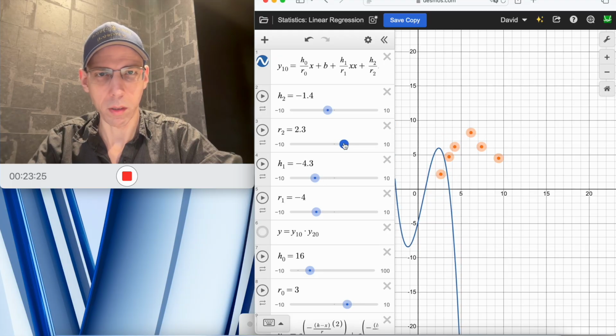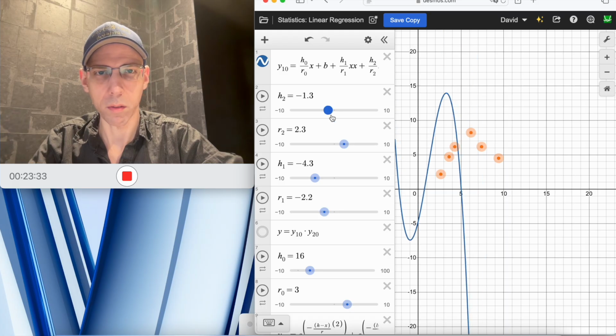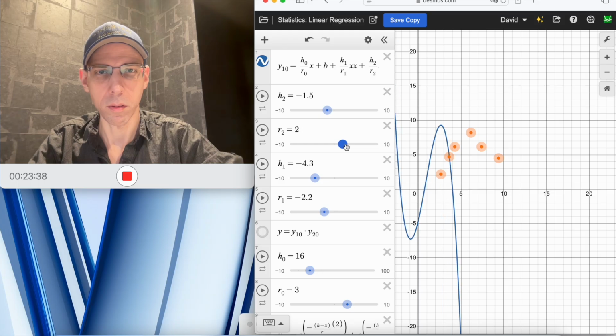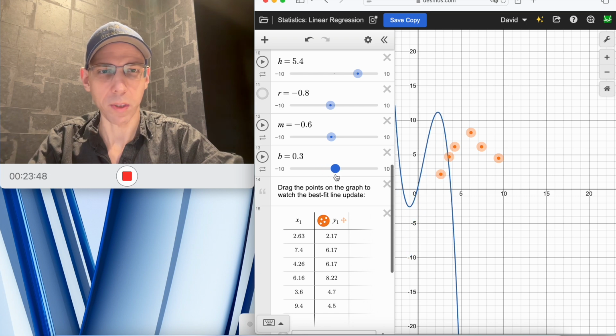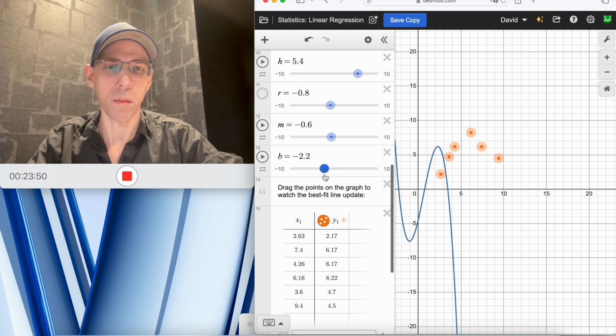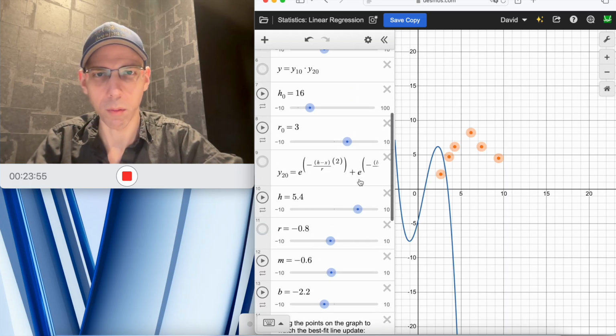And now I can manage to adjust the others. Okay, so you can see here that I just need to scale this a little bit more that way.